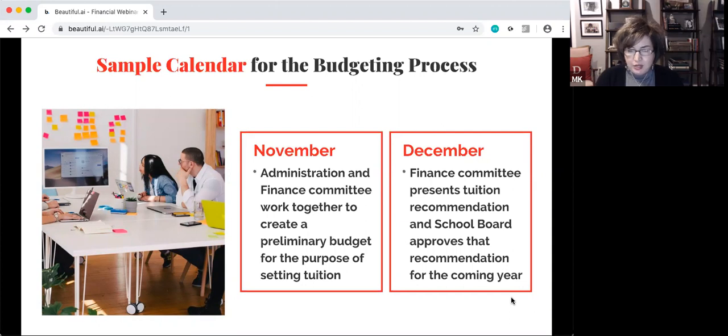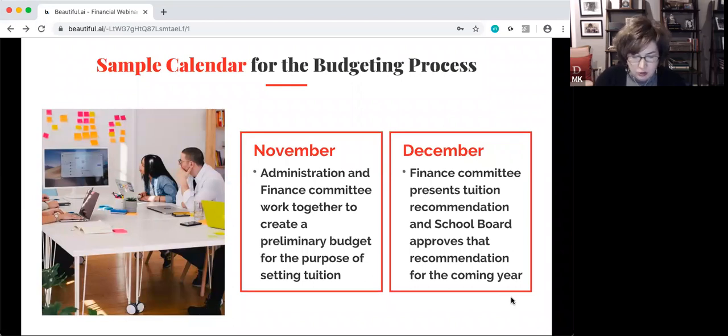We want to set that tuition in December. When I first started at St. Albans, we rarely set tuition in December. We did it in January, and it was almost always quick, and we weren't as prepared as we would like to be. So when we started this process earlier and set tuition in December, it made all the difference in the world to what January looked like as we went forward.